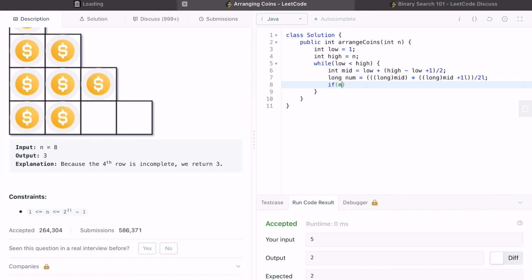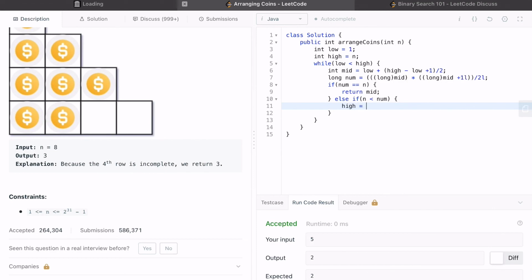If num equals n, we are done. So we have got our rows which equals n. So I can simply return mid. Otherwise, if n is less than num, we have to search on the left side.